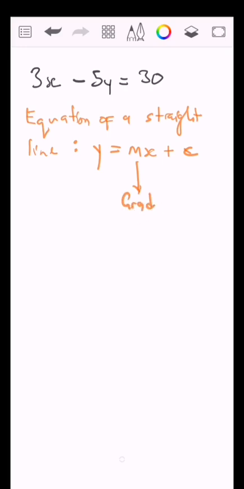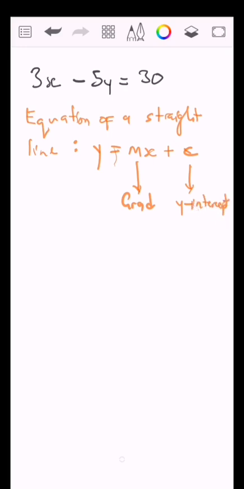In mathematics we call it gradient, while in other subject areas like geography they call it the slope. You might find other textbooks which call it the slope, but generally in mathematics it is called the gradient. Then c is the y-intercept.